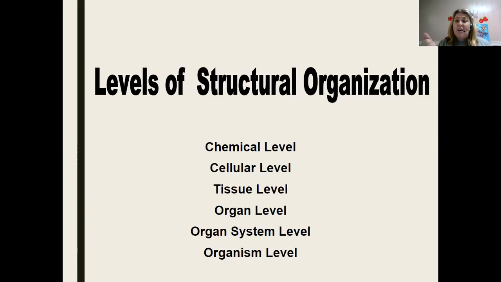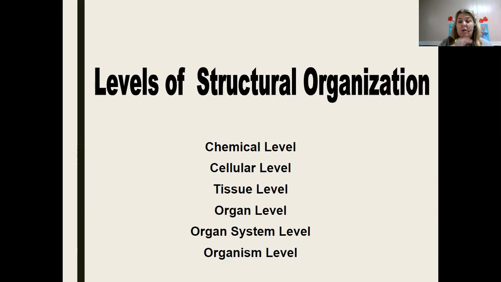And then that cell will work with other cells just like it to do a particular function, and that's what makes a tissue. And then if you get enough tissues working together to do this particular function, then you've created an organ. And then if you have enough organs that are all pitching in for this one process, now you've developed an organ system.